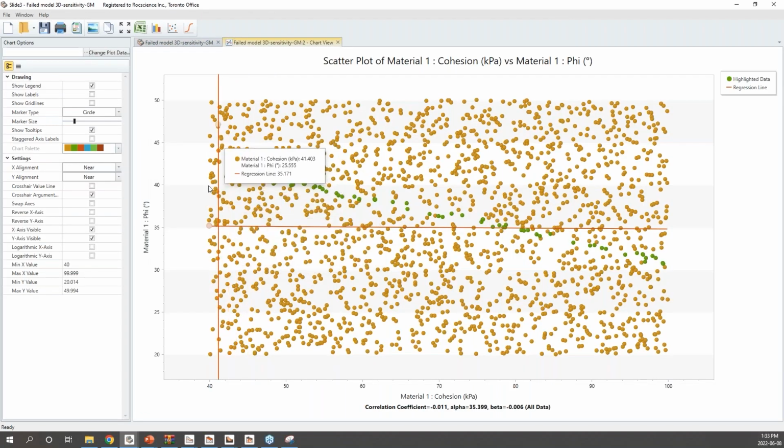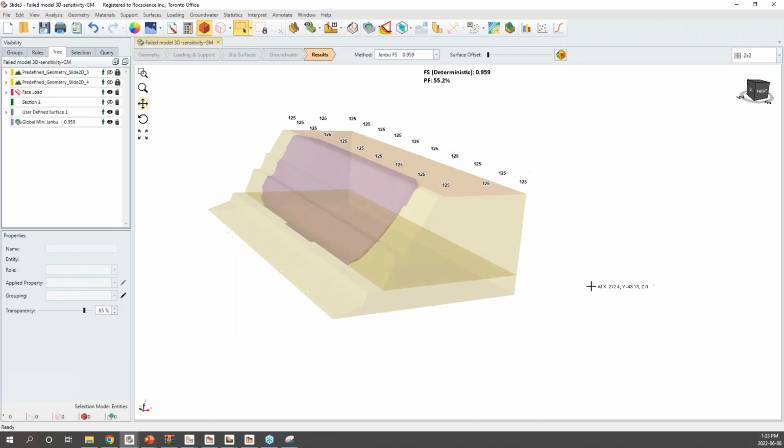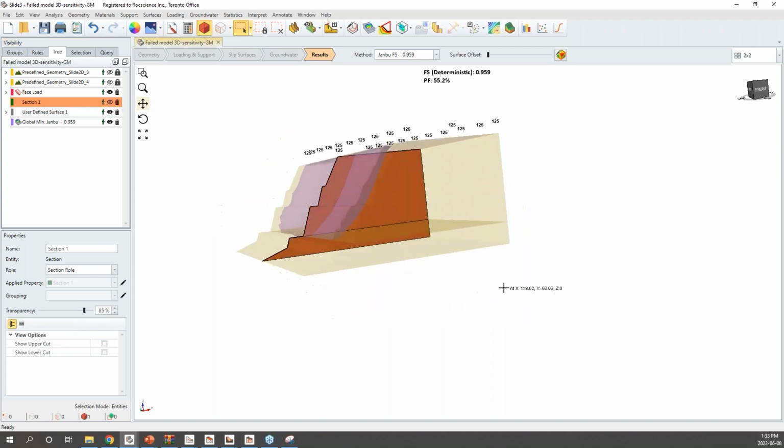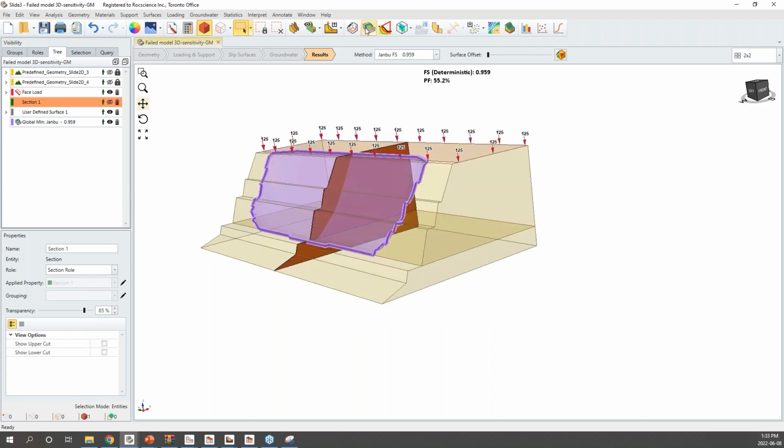Plot. And the green dots, so this line, represent the combinations of cohesion and friction angle that give us a factor of safety of 1. So we can hover over them, for example, cohesion 54, friction angle 25, give factor of safety of 1, and so on. Okay, then I defined a 2D section here and exported it to slide 2.